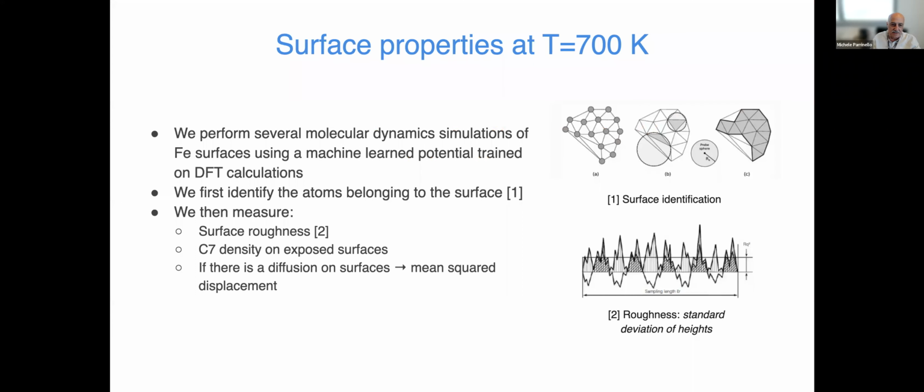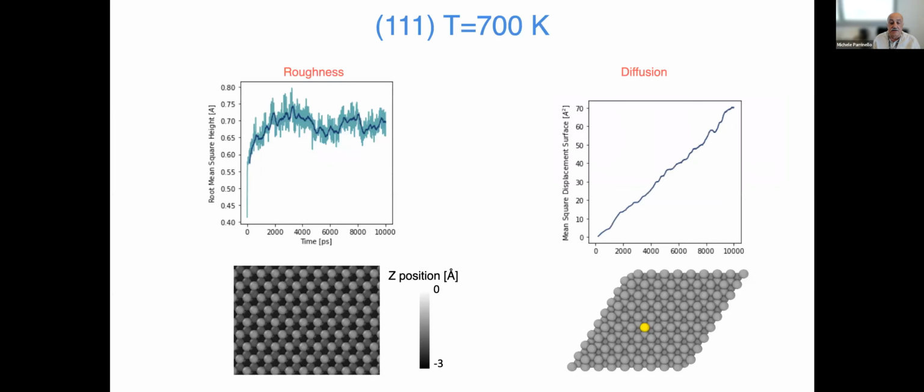We try to define what a surface is, and we look at the surface roughness, the density of this catalytic site, if there is diffusion, and so on and so forth. And so that's what we do.